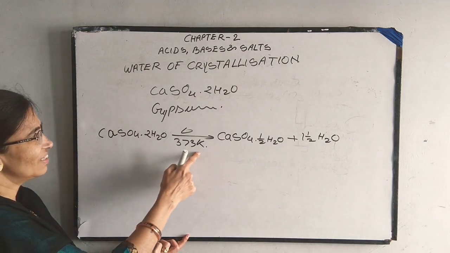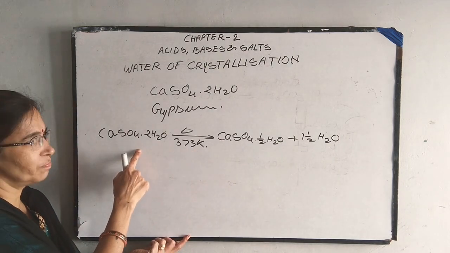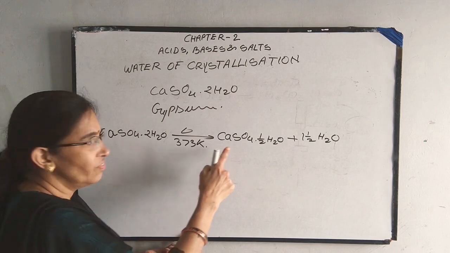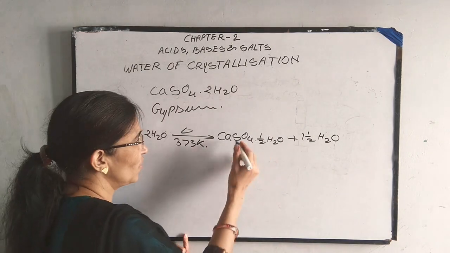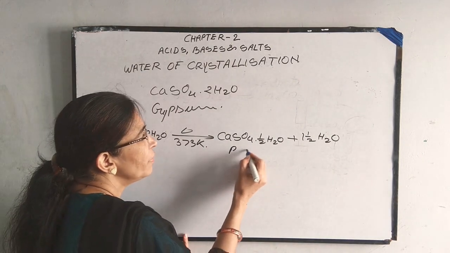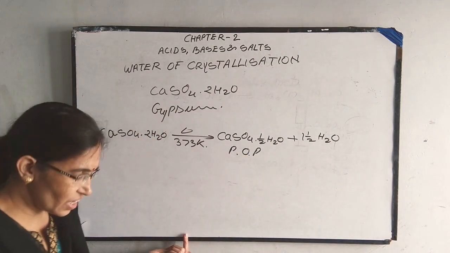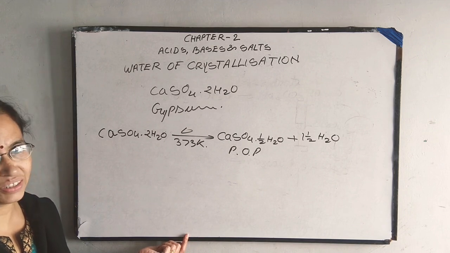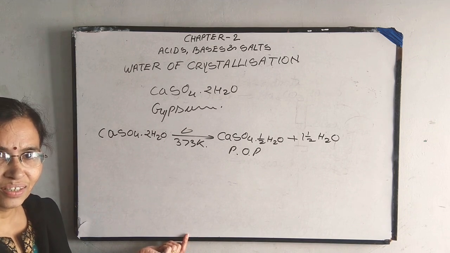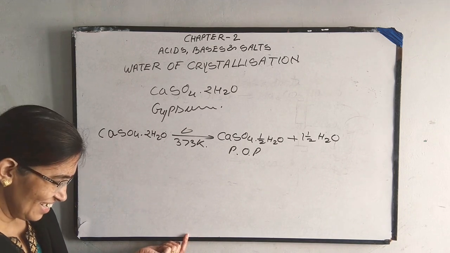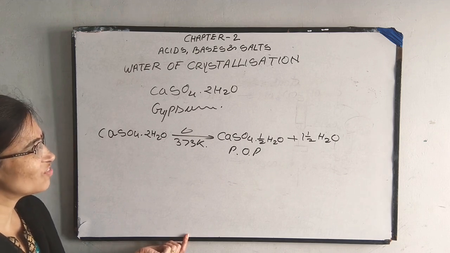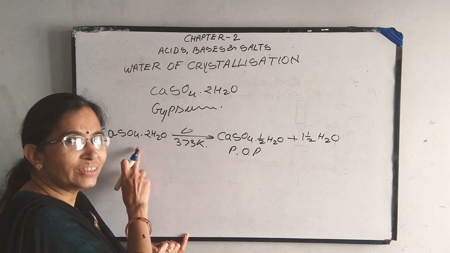At 373 Kelvin we heat the gypsum, and we get CaSO4 dot half H2O, which is known as POP, plaster of Paris. So plaster of Paris is formed when we heat gypsum.